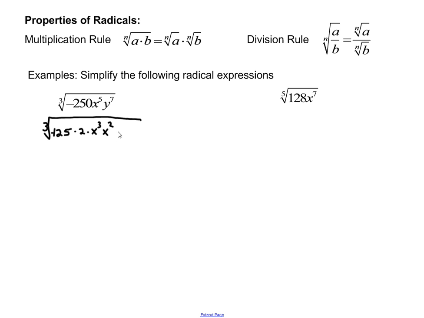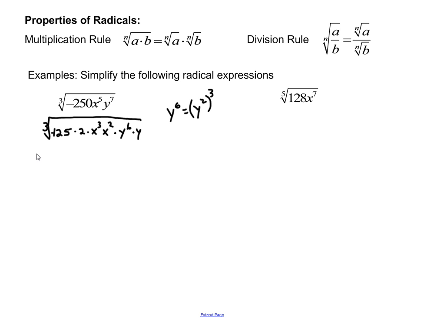And how about y to the seventh? Well, yes, y to the sixth times y. Now, why do we want y to the sixth? Well, y to the sixth is a perfect cube, right? It's a perfect cube of y squared. In fact, as long as the exponent is divisible by the index, we have a term that can be reduced.